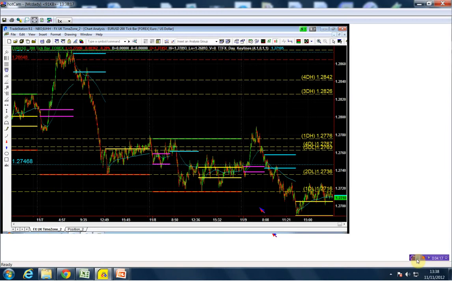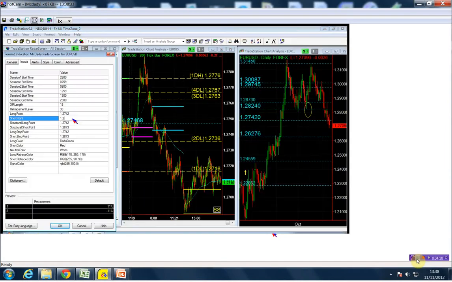So we'll short it over here. We're going to short it below 126.89. Our stop is going to be above the 127.16.